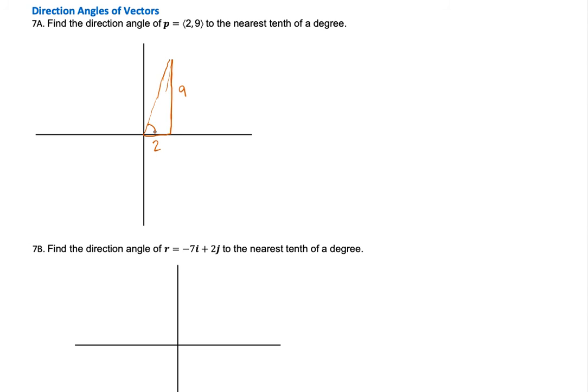I really just need to figure out my theta, or my degree right there. So I have opposite over adjacent, which we know is tangent. So tangent of theta equals 9 over 2. To find the actual angle, remember you need to use inverse tangent. So inverse tangent of 9 over 2, and I would put that in my calculator. It says to round to the nearest tenth of a degree, so I get 77.5 degrees.